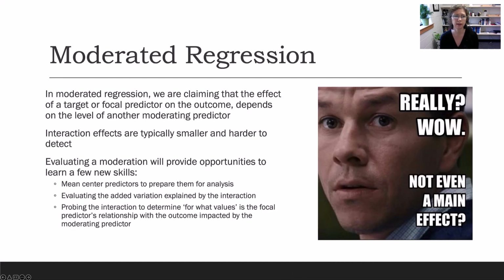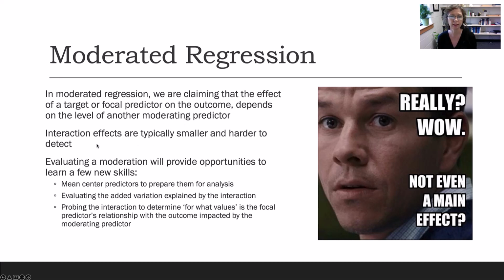We're claiming that the effect of a target or focal predictor on the outcome depends on the values or level of another moderating predictor. And what we get into there is called interaction effects. We have the main effects of the predictors, like the focal predictor has a main effect, the moderating predictor has a main effect, but then the interaction of those two has an interaction effect.